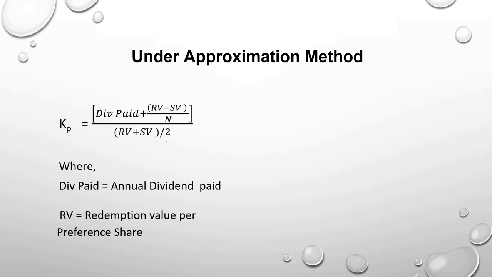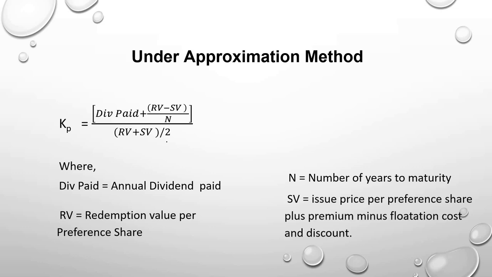But you have to remember, the company will never redeem preference shares at a discount. Your N will be number of years of maturity, that means after how many years the company is going to repay the money. And SV means your sale value, that means issue price per preference share. If the shares are issued at a premium, it will be face value plus premium minus floating cost. And if the shares are issued at a discount, it will be face value minus discount minus floating cost.